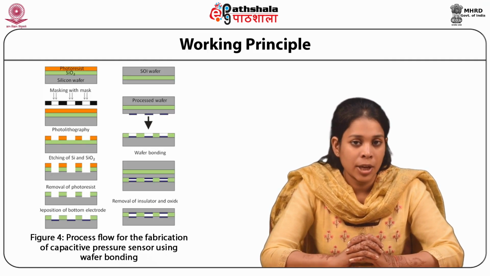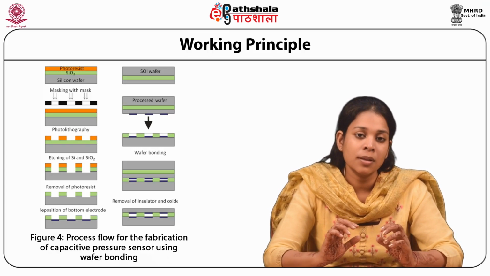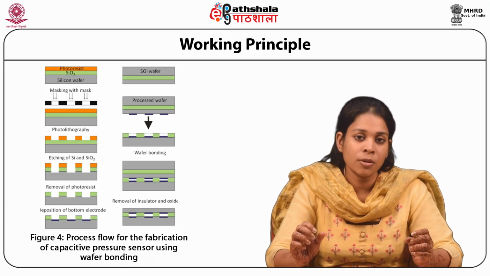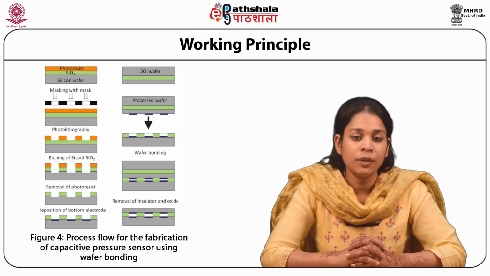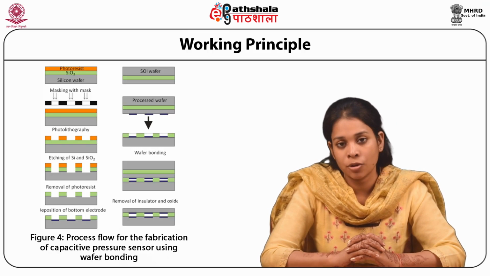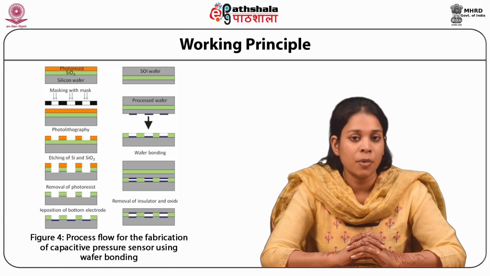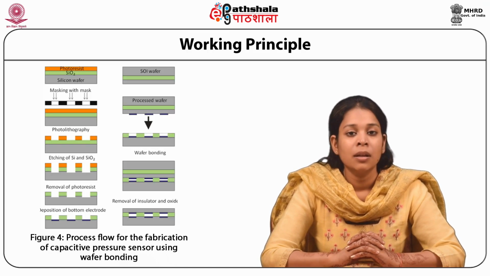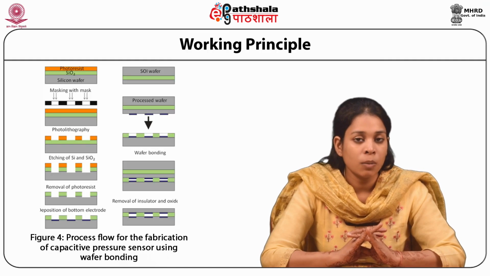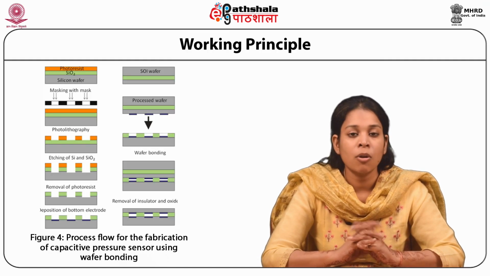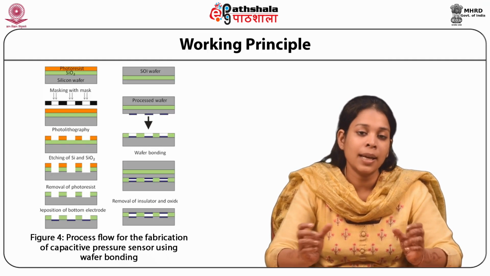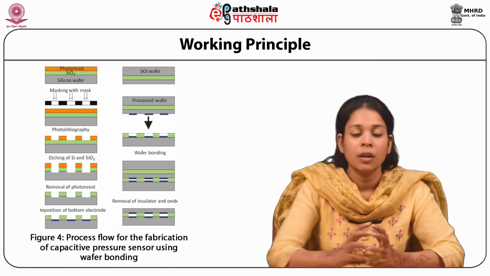After etching, the photoresist covering the SiO2 is also removed, such that we can deposit the bottom electrode using any physical deposition technique. After the deposition, you can see the area which is not covered by SiO2; on those areas the metal electrodes are there.